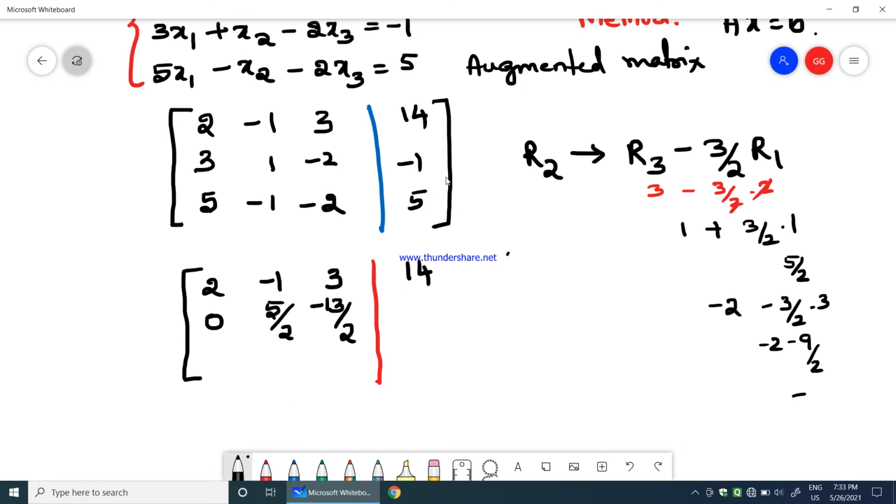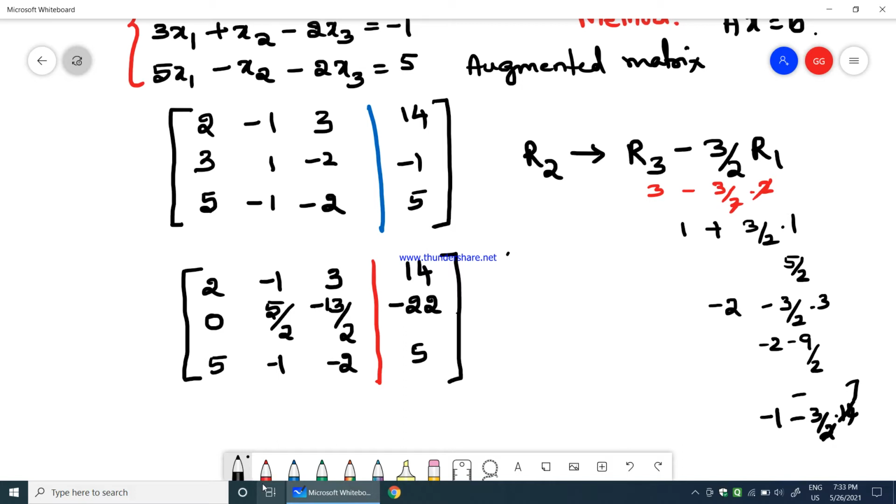Now minus 1 minus 3 by 2 into 14. 2 7s are 14, so minus 1 minus 21 is minus 22. So this is what we get. First one: 3 minus 3 by 2 into 2, the 2 cancels, 3 minus 3 is 0.